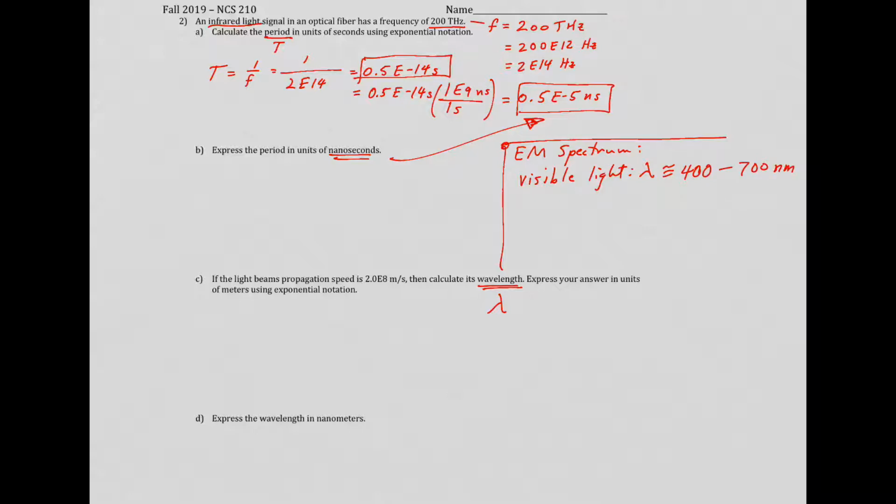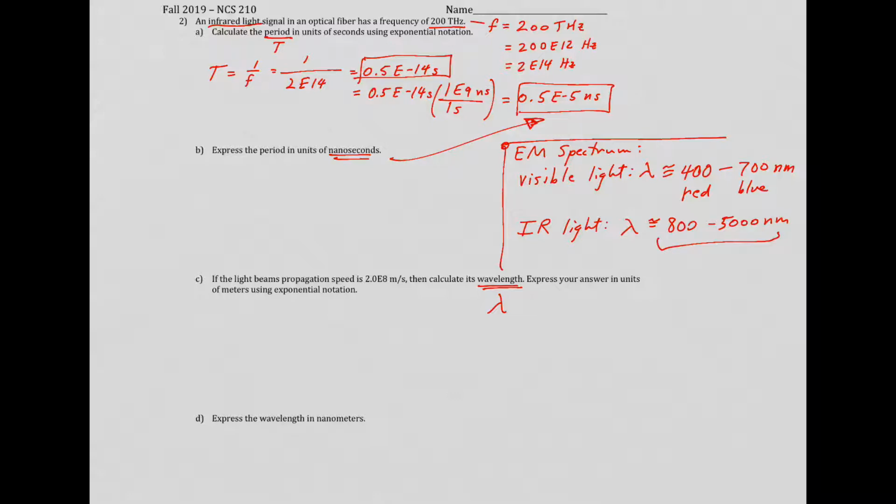And that's going from the red to the blue in the rainbow. Infrared, lambda ranges from about 700, let's say 800, to maybe a few thousand, 3,000 or 5,000 nanometers. I'd have to look up where they officially say it ends. In any case, we expect that this is infrared light, and so we expect our wavelength to be somewhere in the range of something like 1,000 nanometers.